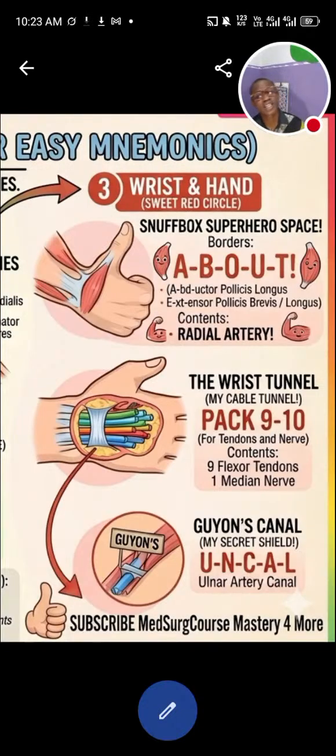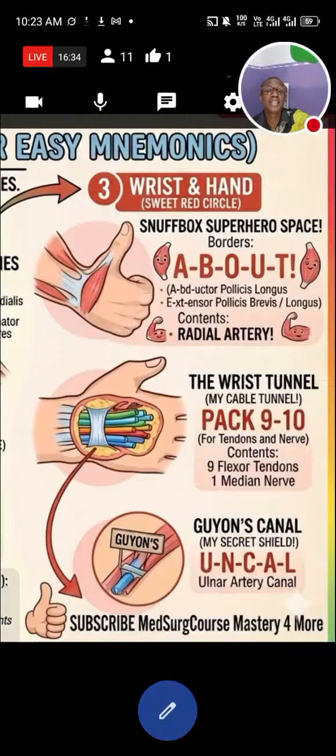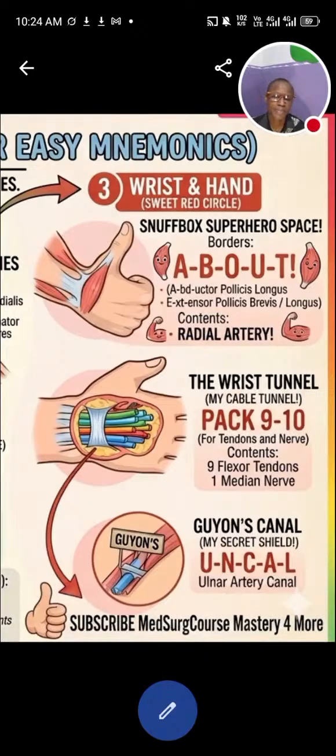So what does it stand for? I stands for introduction. Do stands for diagram. Love stands for location. Cool stands for content. Brains stands for blood supply.